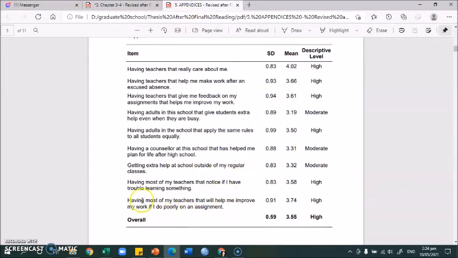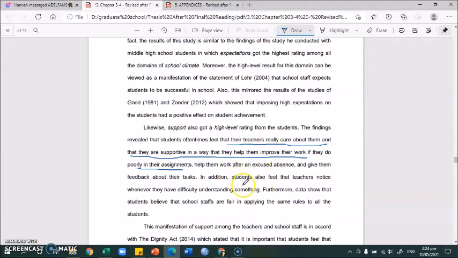So, saan natin makikita? Ito, tapos na yun. Next, we have having teachers that give me feedback on my assignments that help me improve my work. So, ito yung kanina. And then, having teachers that help me make work after an excused absence. So, ito yung help them work after an excused absence and give them feedback about their tasks. Right? In addition, students also feel that teachers notice whenever they have difficulty understanding something.